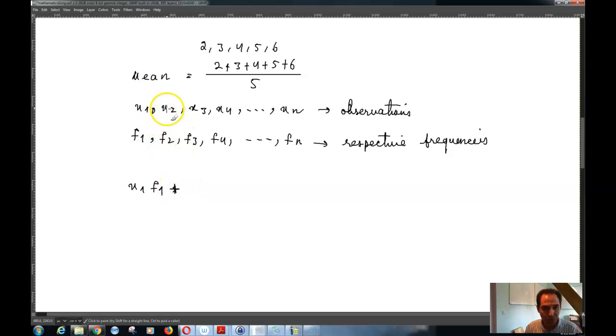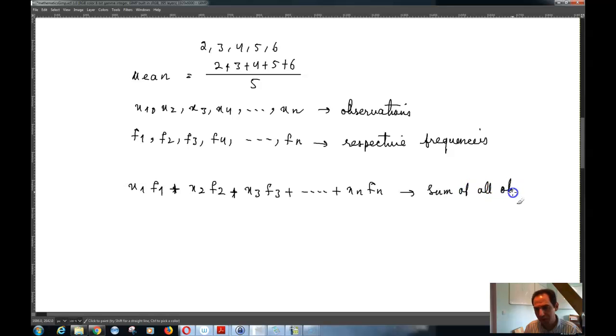Then you would have x2 occurs 2 times, so x2 times f of 2, and x3 occurs f3 times, so x3 times f of 3, plus all the way up to x of n times f of n. That is the sum of all observations.